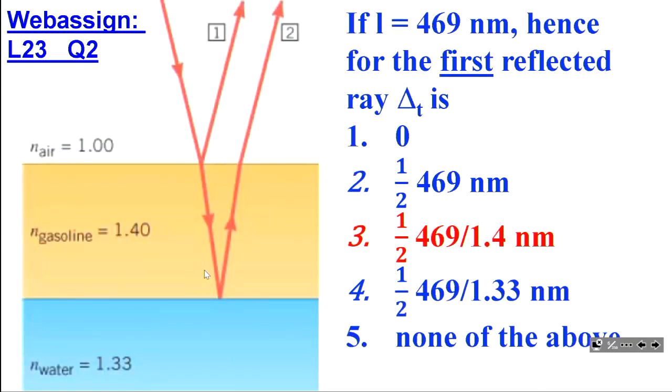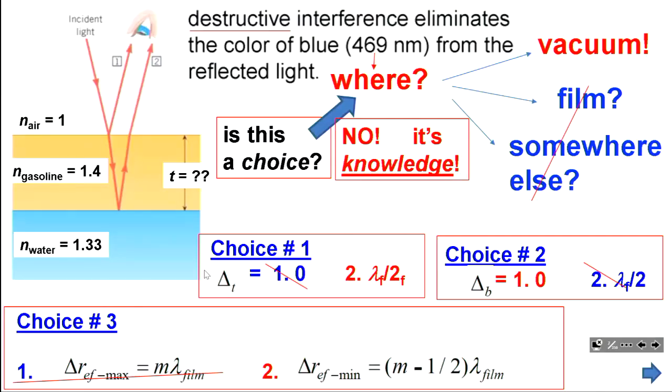Now, again, just keep in mind, we have to make choices. Life is always about making choices, right or wrong. This is not about making a choice, that just has to be memorized. That's a part of knowledge. That's a wavelength in the vacuum.